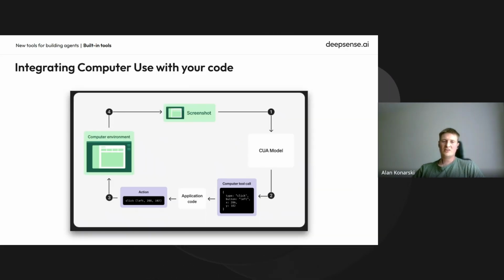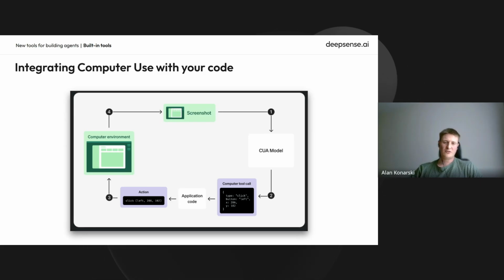And you may wonder, how do I integrate this computer use tool with my application code? It's fairly easy because, based on the screenshot, the model suggests an action in the form of this very simple JSON structure, and then your application has to convert this into an actual action in, for example, the browser, and you can utilize, for example, the Playwright framework to do it.